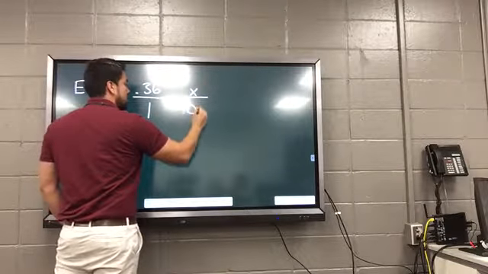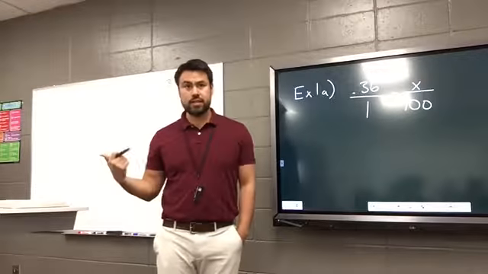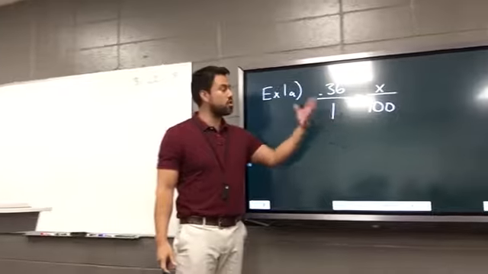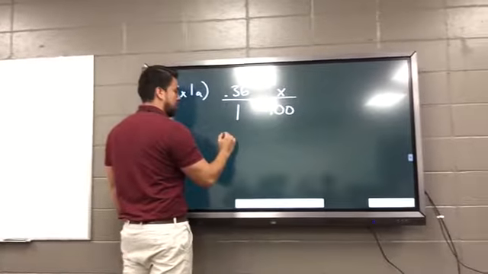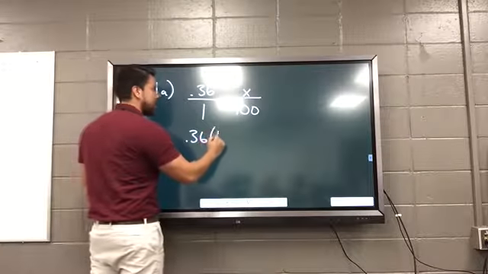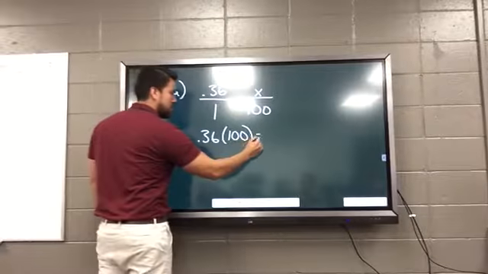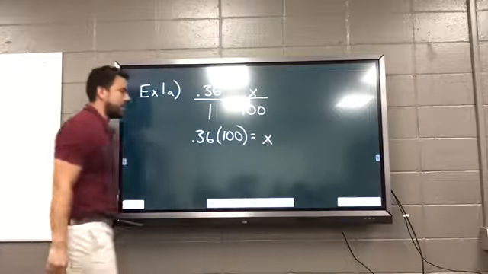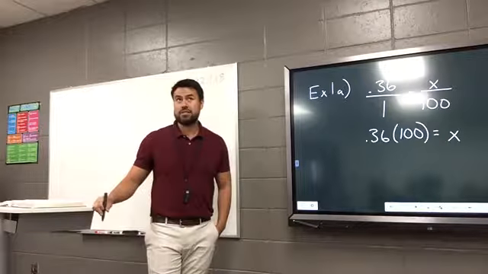X over 100. So did you guys see already how this lesson relates to yesterday's lesson? Okay, you can use a proportion. We're going to do it on this problem just to get that understanding there. So I have 0.36 or 36 hundredths times 100, and that equals, what's 1 times x? 1x, or just x. Okay, so how do you multiply 0.36 times 100?